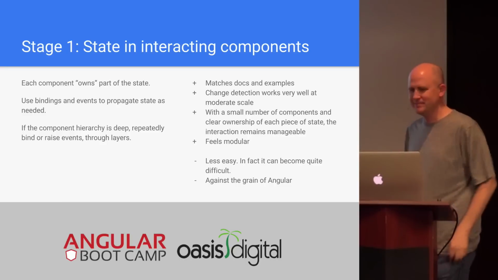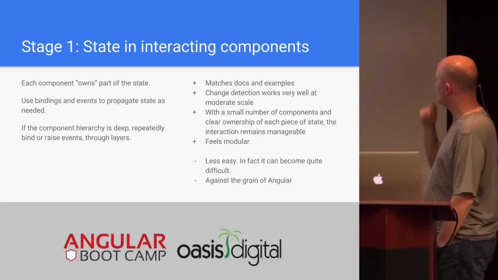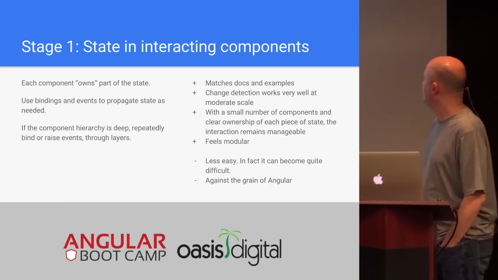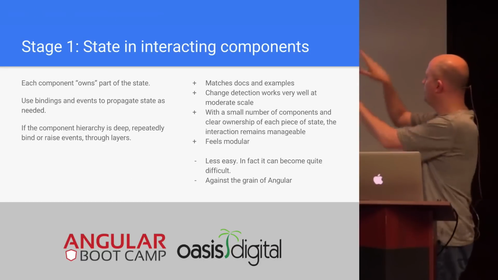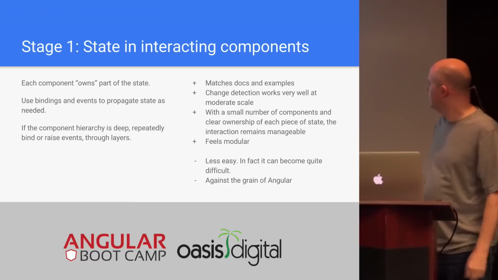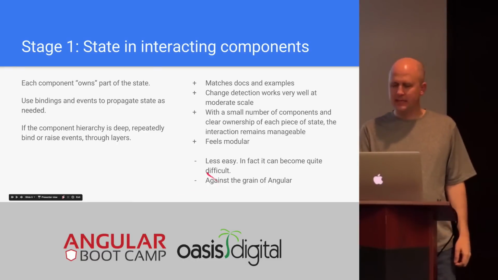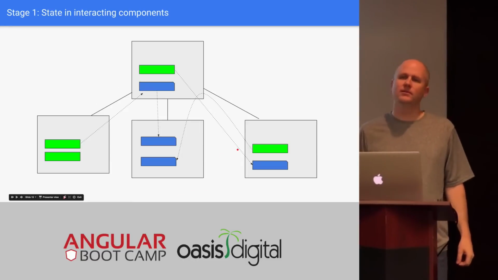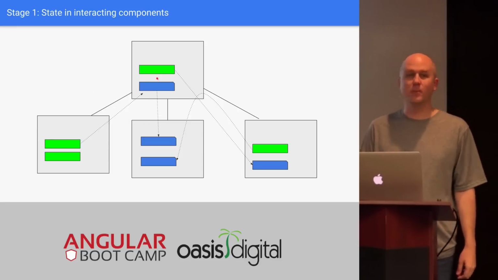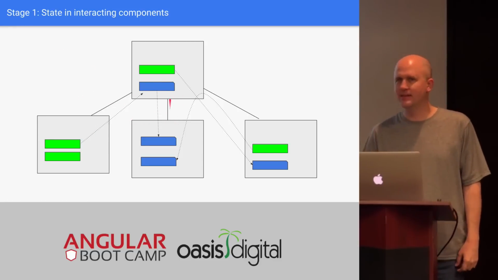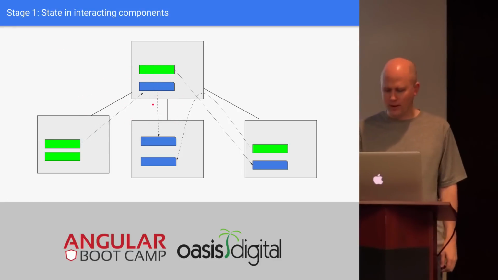Okay, so the challenge that you hit when you start simply putting state in different components and pushing it where you need it is that it gets difficult and painful because you have to keep track as you code of which one is the main copy of each piece of state and try to get the changes to go to the right place.